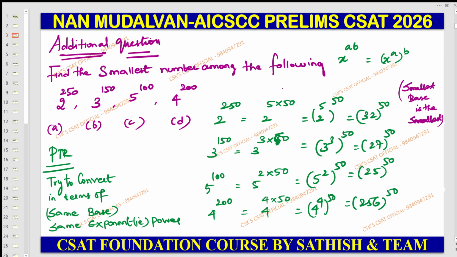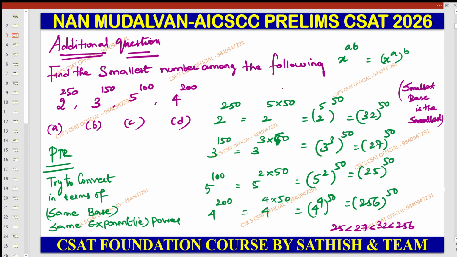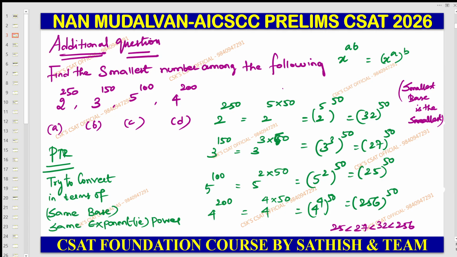So 25 is lesser than 27, 27 is lesser than 32, which is lesser than 256. Which is the 256 here? 4 power 200, so 4 power 200 is the largest. So always convert in terms of a common base or power.